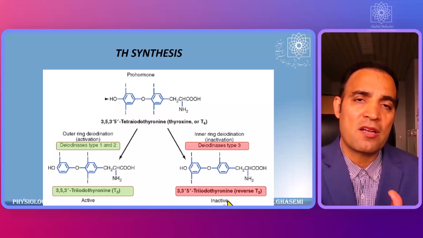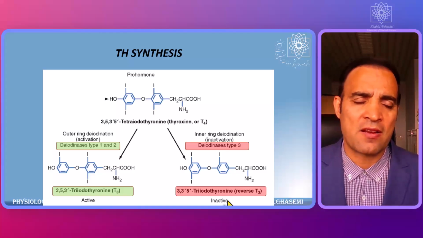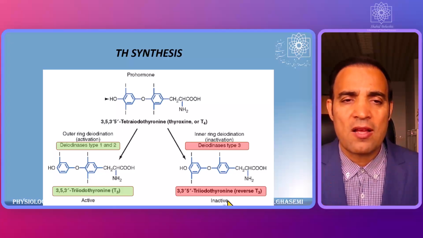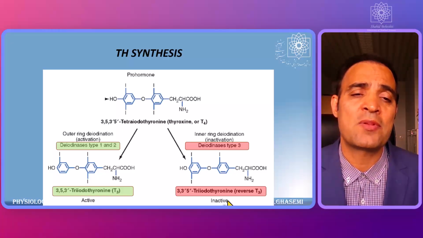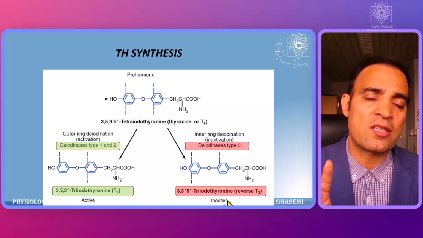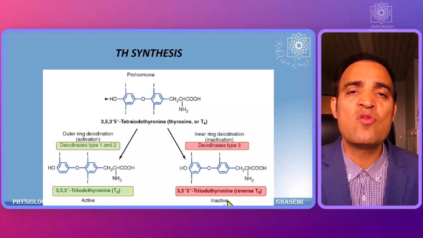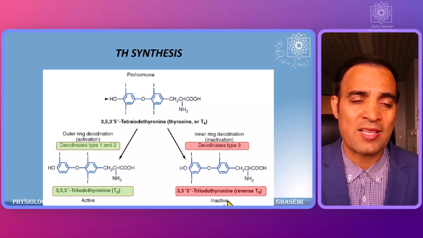In the peripheral tissues, such as muscle, nervous system, skin, and elsewhere, there is an enzyme expressed in these cells, named deiodinase type 1 or 2. These two types of deiodinase are responsible for removing iodide from the tyrosine amino acid.